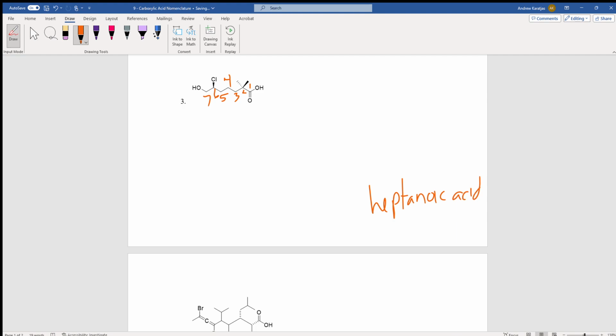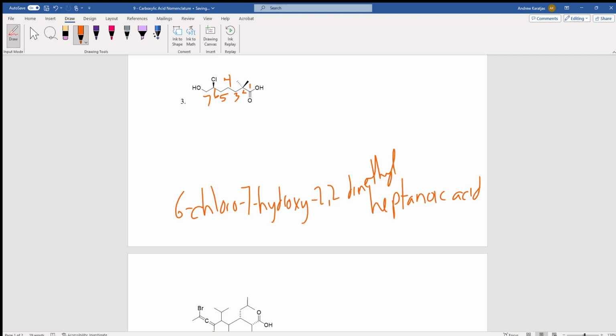We have the hydroxyl group, the chlorine, and the 2 methyls. So we can easily alphabetize those. 6-chloro. The alcohol is next. So that's 7-hydroxy. And the 2 methyls, 2,2-dimethyl.